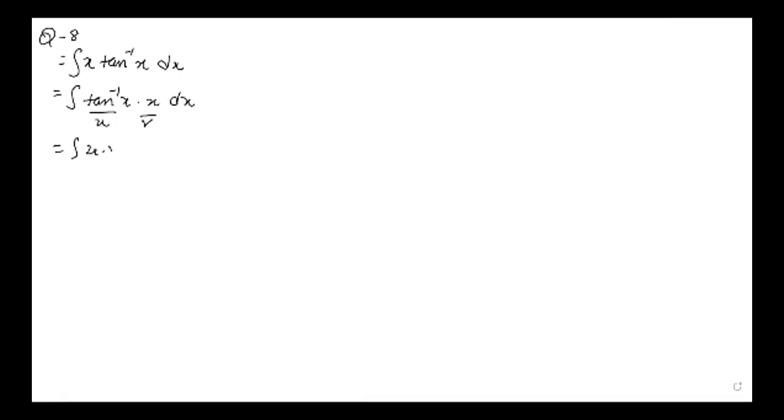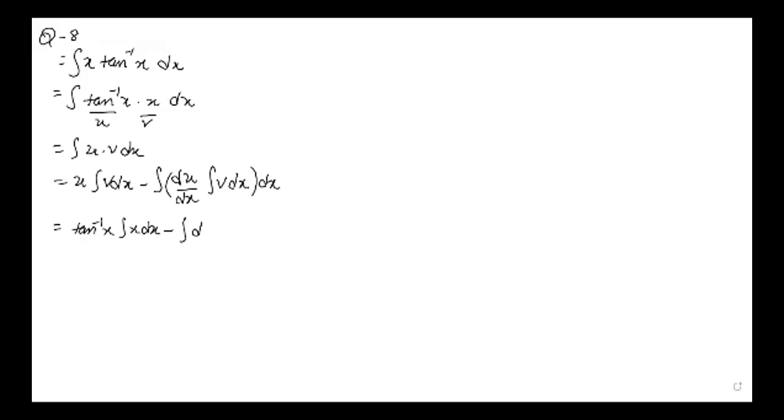Integration by parts: u integration v dx minus derivative of u with respect to x integration v dx, whole dx. So this will be tan inverse x integration x dx minus integration of derivative of tan inverse x with respect to x integration x dx, whole dx.